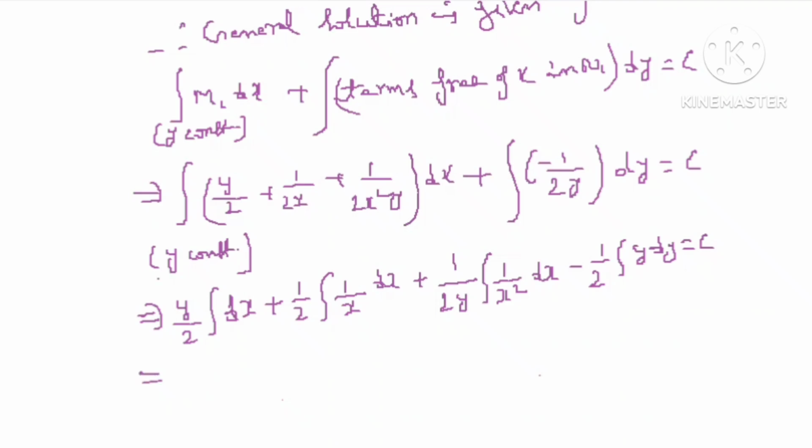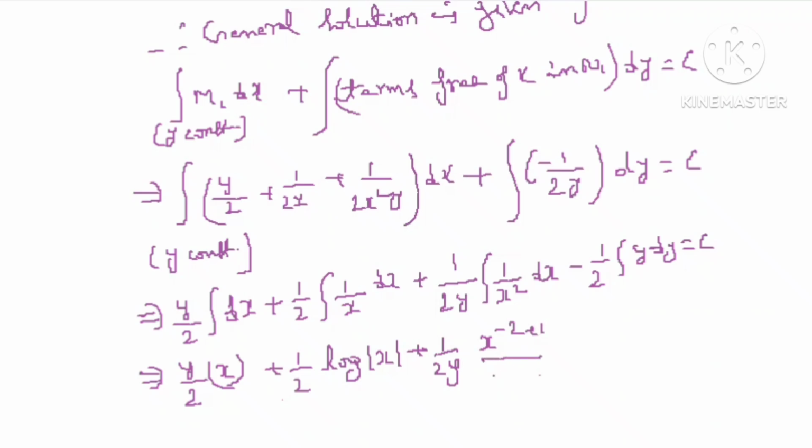This implies y by 2 integral dx is x plus 1 by 2 log modulus x plus 1 by 2y integral of x to the power of minus 2 dx, it is x to the power of minus 2 plus 1 by minus 2 plus 1, minus 1 by 2 log mod y is equal to c.